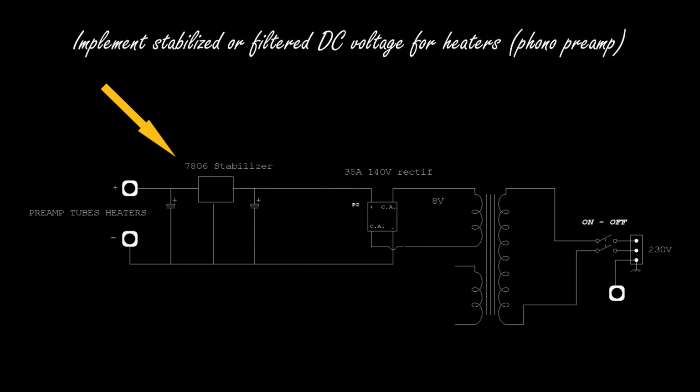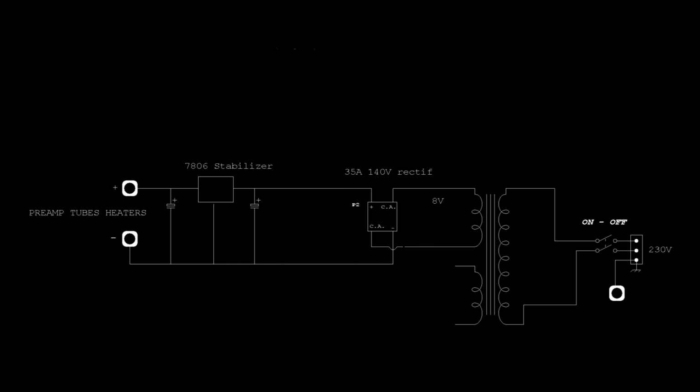So what I suggest is to stabilize the heater voltage if we decide to implement a DC voltage. Of course, this means that I need to implement a stabilizer integrated circuit which dissipates a huge amount of heat, so we need to deploy a proper heatsink.